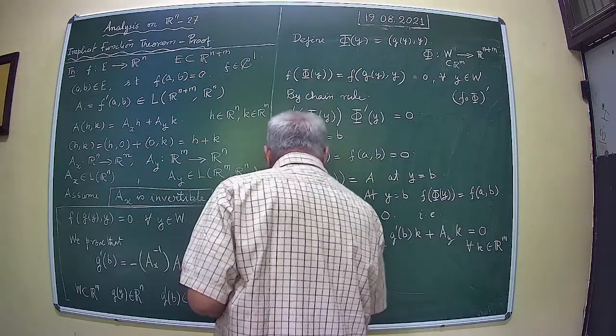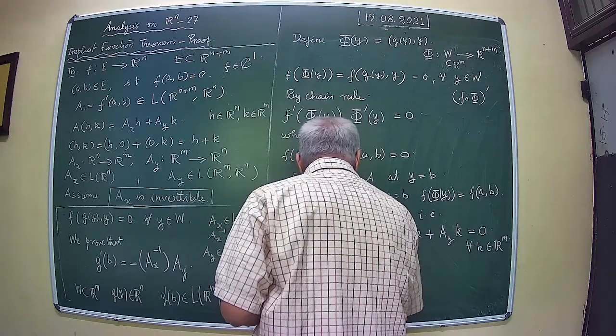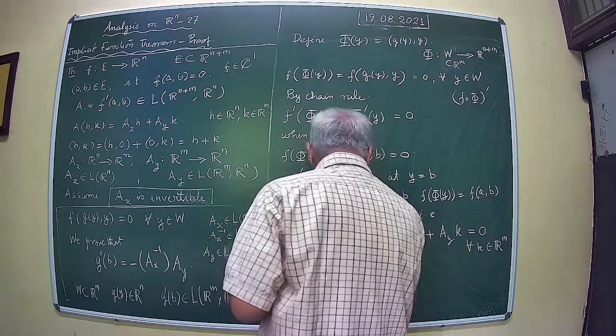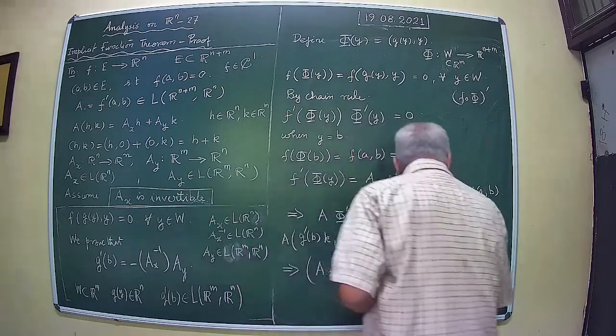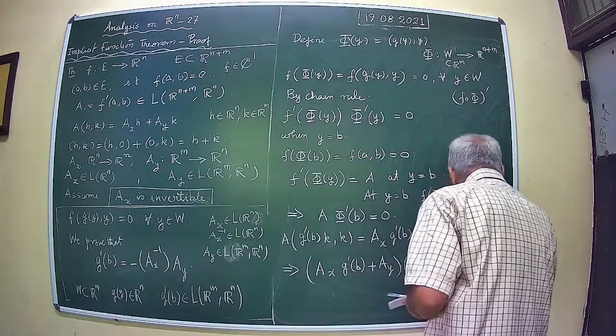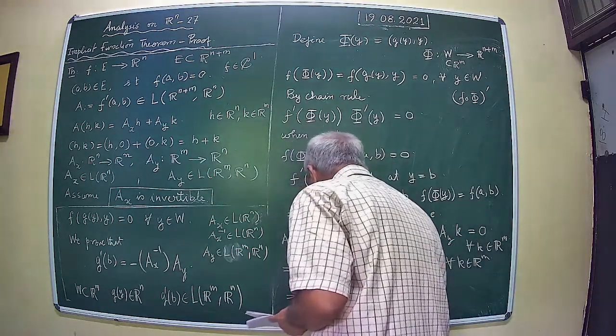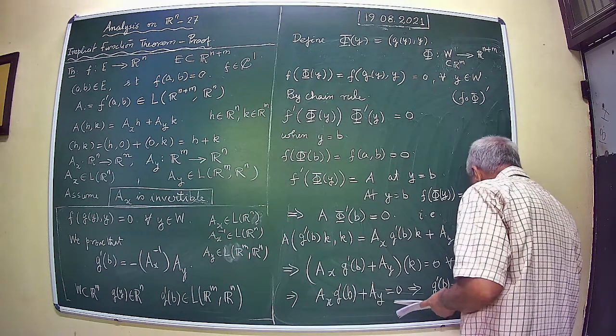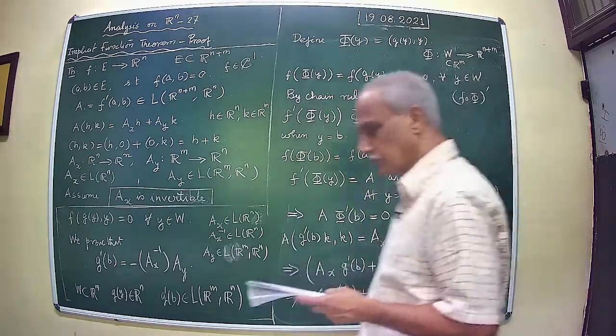Now that implies AX, or this is equal to, is the zero operator, which implies, since AX is invertible, so that completes the proof of the theorem.